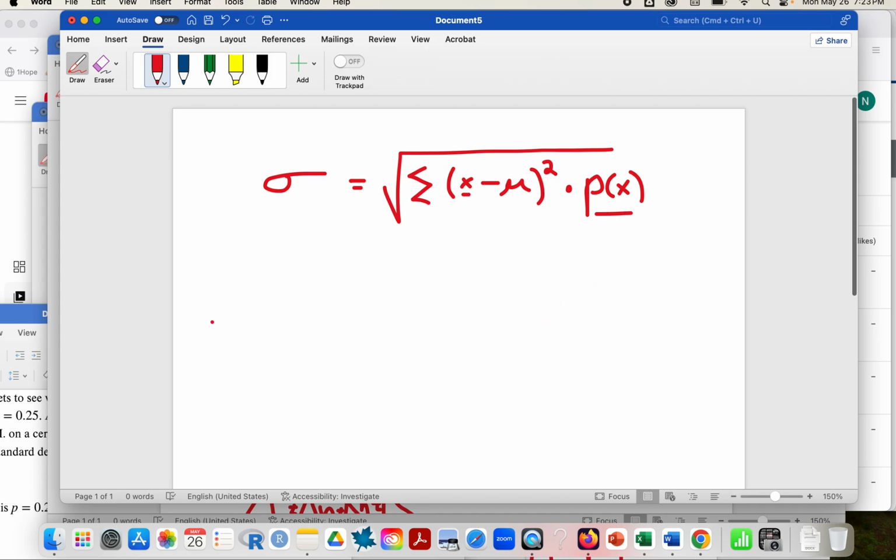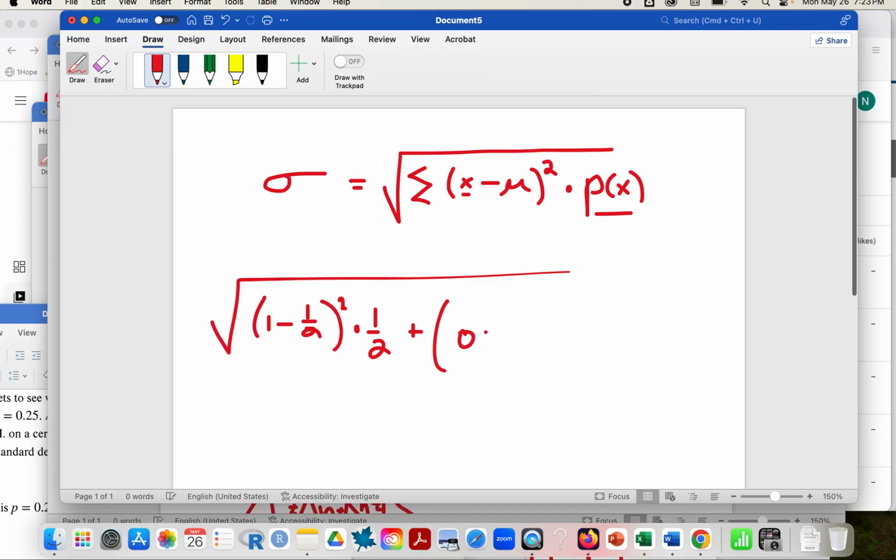So what this is going to look like is the square root of 1 minus a half squared multiplied by a half plus 0 minus a half squared times a half.